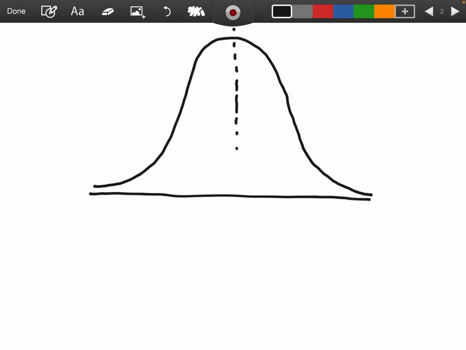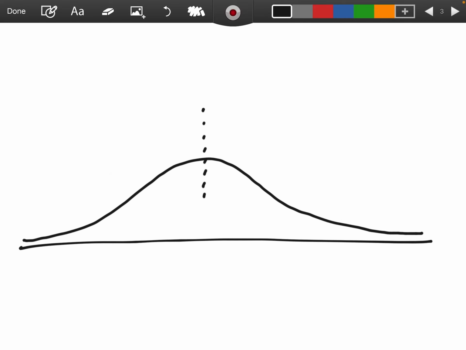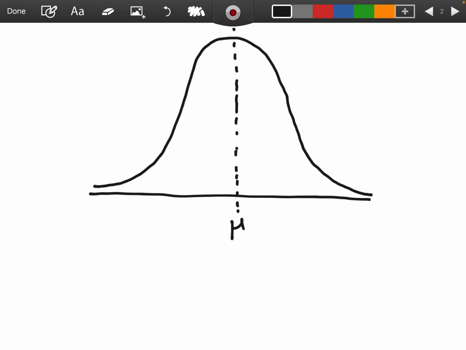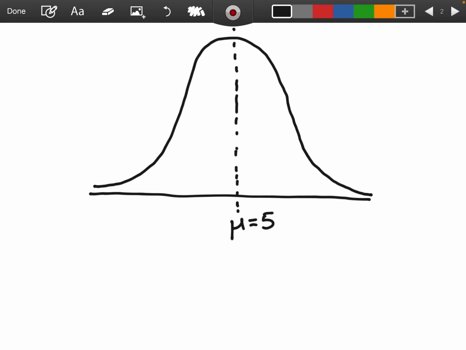Both of these curves, I know that they're not drawn incredibly accurately, but both of them, let's say, are centered around the same mean. Let's say that the mean equals 5 for whatever this data set is. Both of these curves are centered around a mean which equals 5.